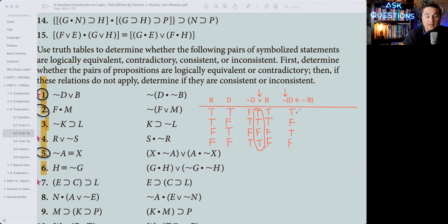And I already can do some things. This is an and statement. And I know that with conjunctions, falseness spreads like a virus. So this and is going to be false in rows 2 and 4 because the left conjunct is false. Is it going to be false here or here? It depends. If the right side is false, then yes. If not, it's going to be true. So not B is going to be the opposite of this. So instead of TTFF, we're going to get FFTT.